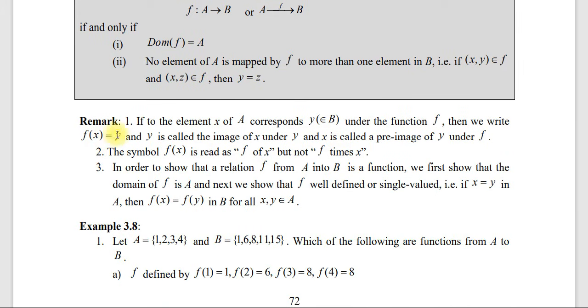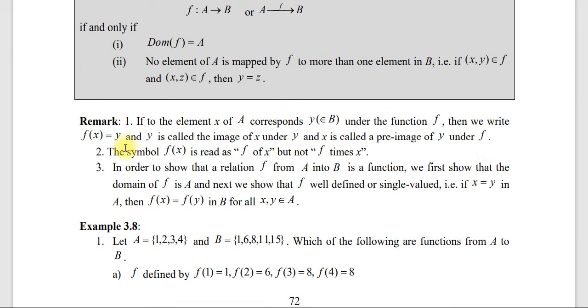Next, another remark. 1: If the element x of A corresponds to y, an element of B, under function f, then we write f of x is equal to y. Most of the time a function is written like this: instead of y, we write f of x. f of x simply means y, and y is called the image of x under f, and x is called the pre-image of y under f.